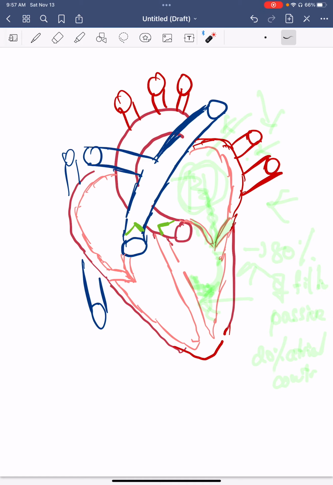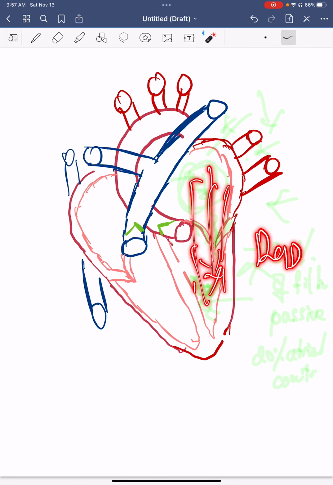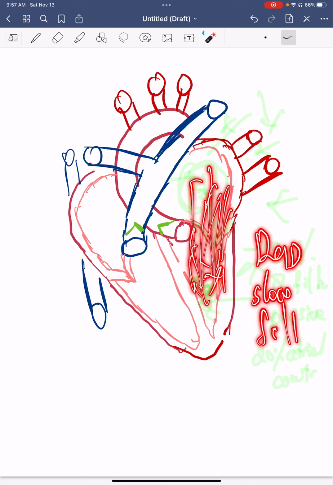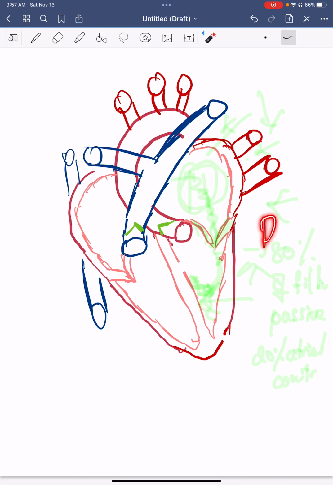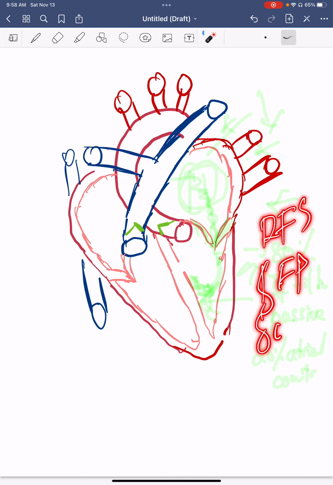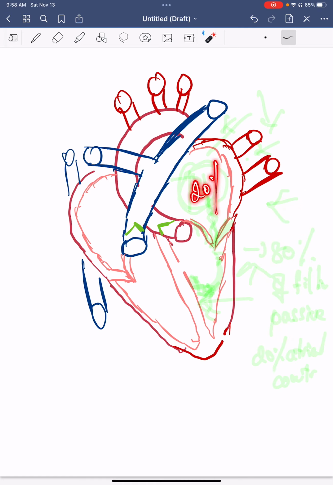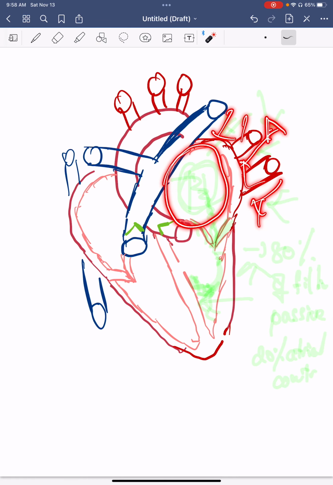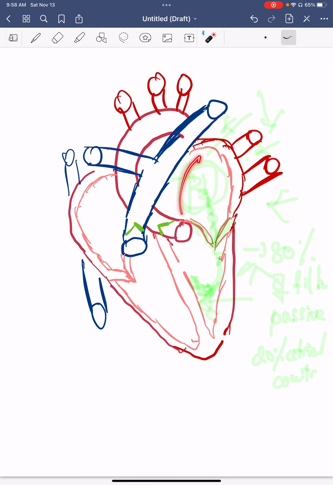Blood comes rapidly, and then comes the slow filling phase, where blood slowly comes from the atrium to the ventricle. In both the rapid and slow filling phases, 80% of the blood comes. Only the remaining 20% needs atrial contraction. This is called the atrial kick, also called the active filling phase. The 20% of the blood is contracted and comes in.